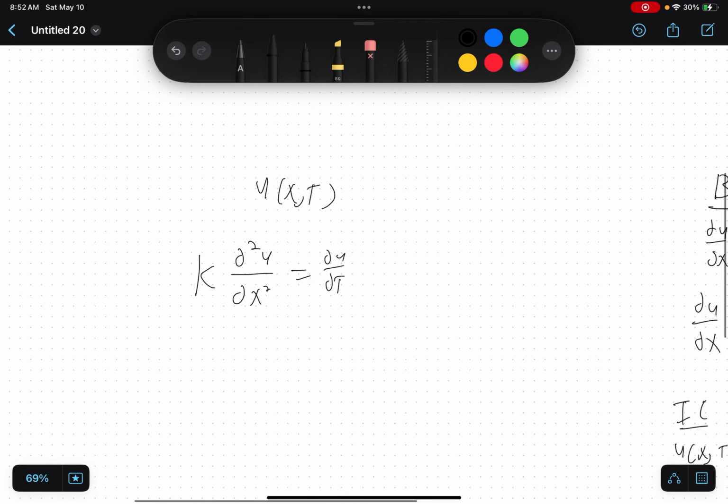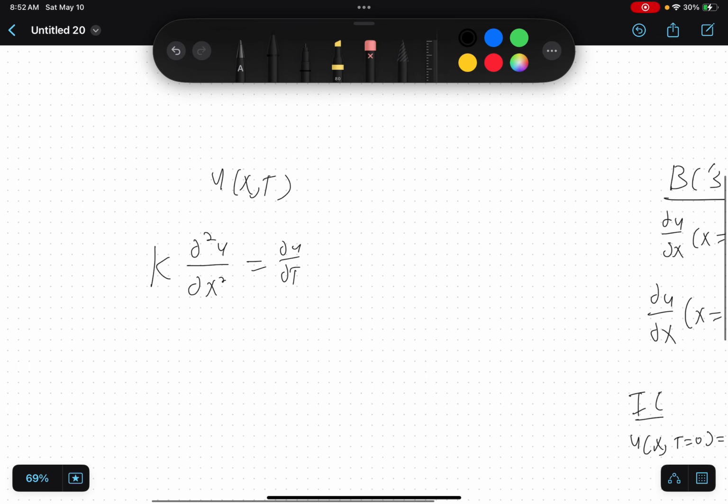So, we know that u is a function of x and t. For these types of problems, we end up writing u as a function of x times a function of t.